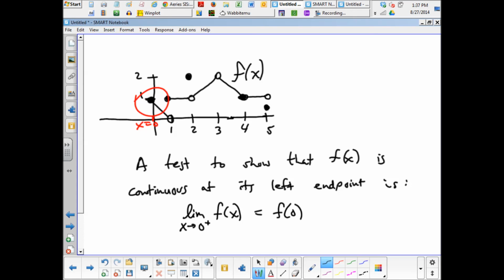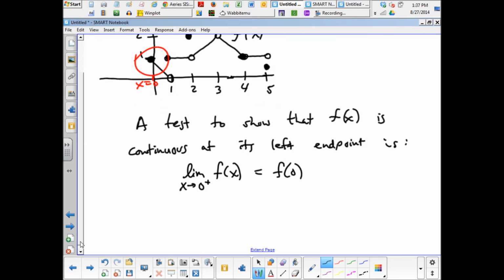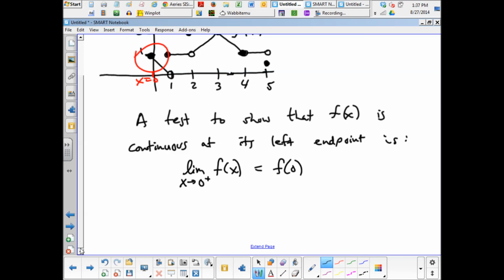This is endpoint continuity. It's not really very hard, but what is the limit on the right side of 0? 1. And what is f of 0? 1, correct. So there's not a whole lot of work you can show on an endpoint calculation. You would just put 1 equals 1, basically. Like that.